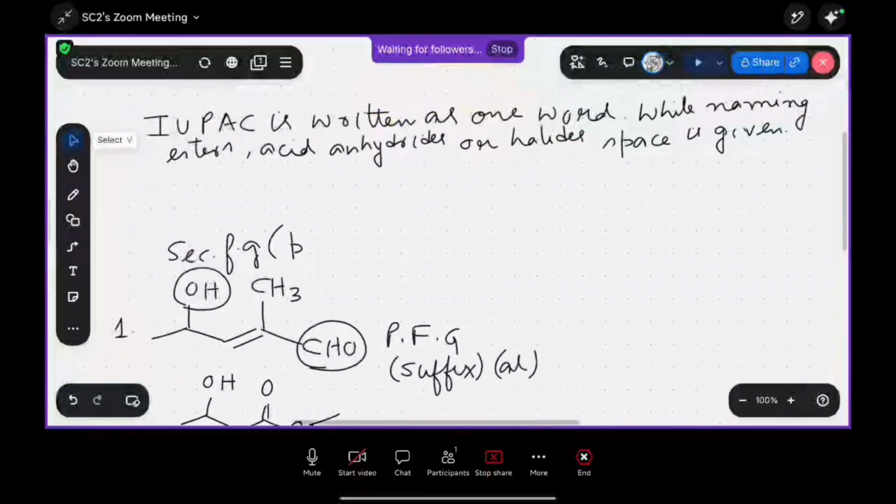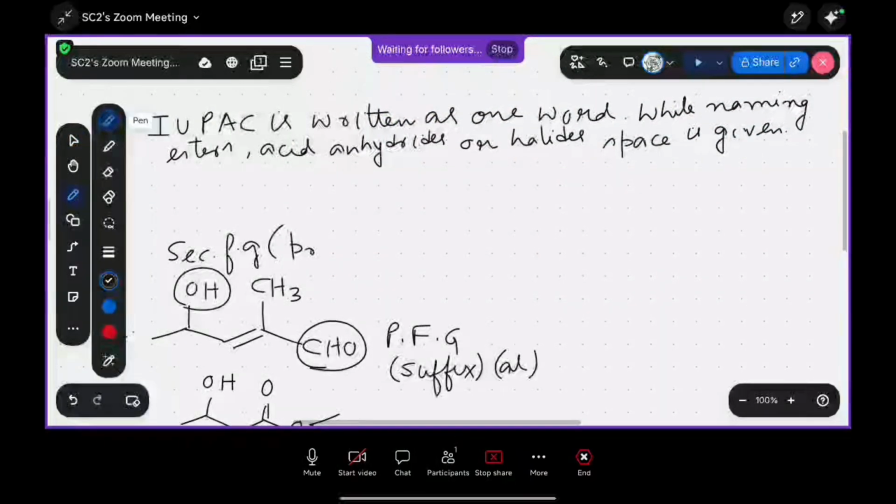For secondary functional groups, we write the prefixes. And what is the prefix? The prefix for OH functional group is hydroxy.